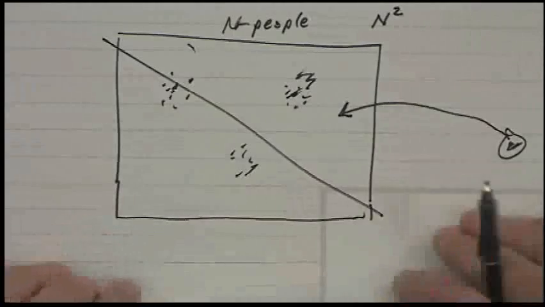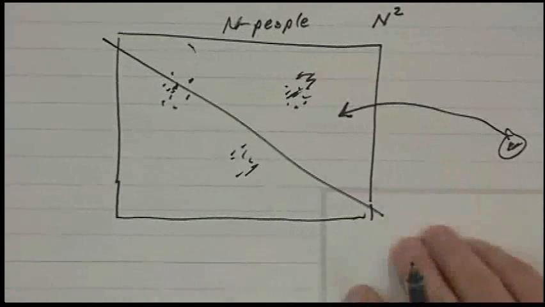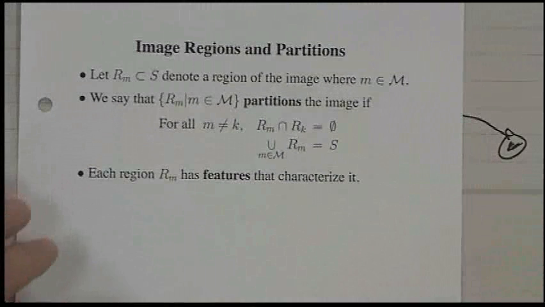Now, when you're doing this sort of thing, it's always nice, but not always possible, if you can summarize all the information necessary to make decisions about merging and splitting.